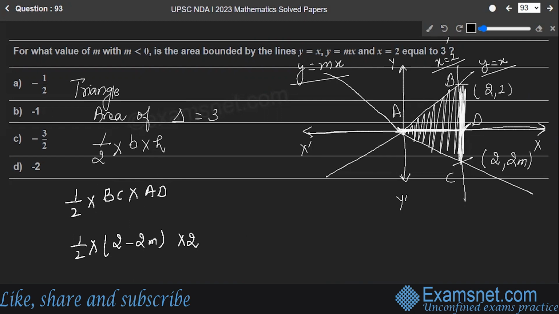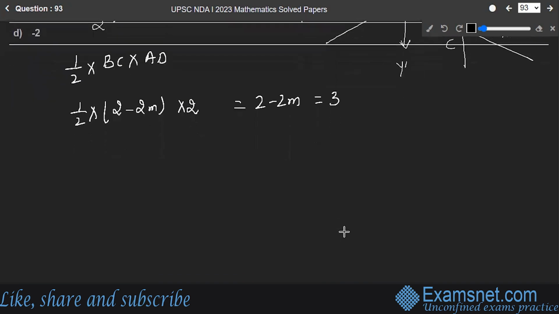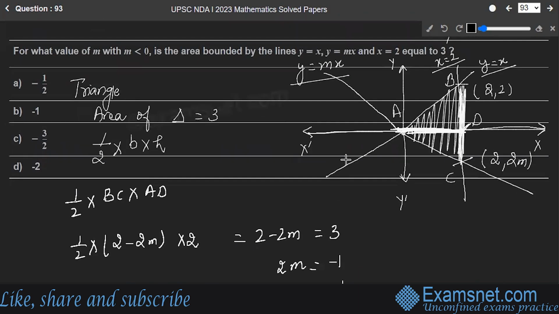Actually, this is the length, it is equal to 2. So this gives me 2 minus 2m is equal to 3, which gives me 2m is equal to minus 1, or m is equal to minus 1 by 2. And what we had to find out in the question was the value of m, that is option A.